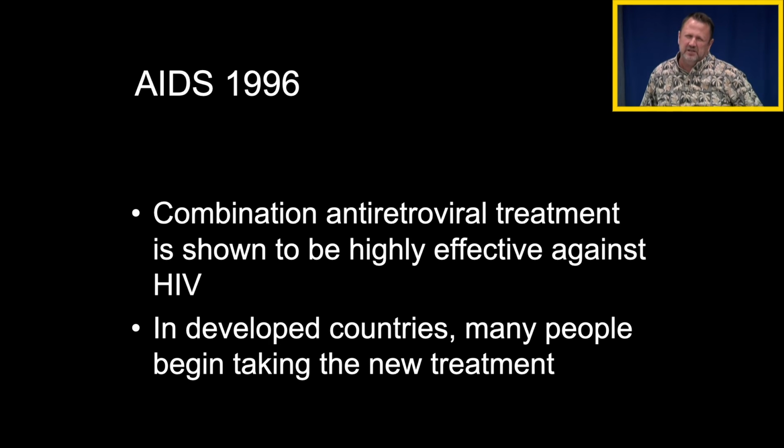So it was 1996 when we started something called highly active antiretroviral therapy. This is a combination of at least 3 antiretroviral drugs taken together. Sometimes you'll hear this called a drug cocktail. And so it was 1996 when we started really developing an effective treatment.